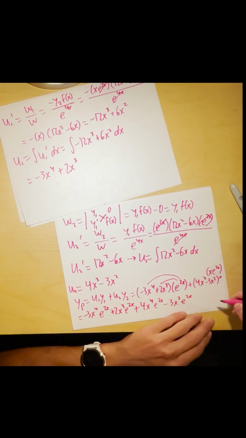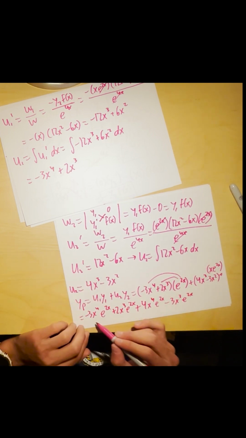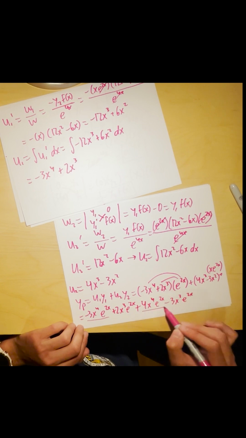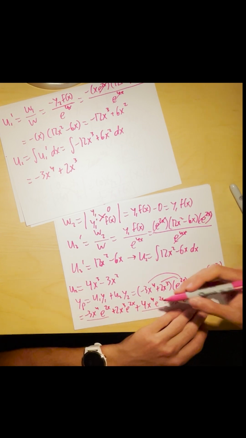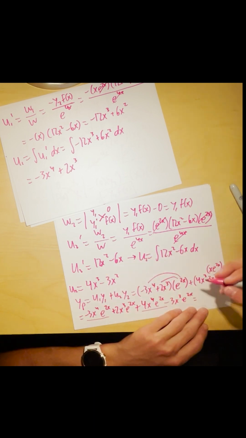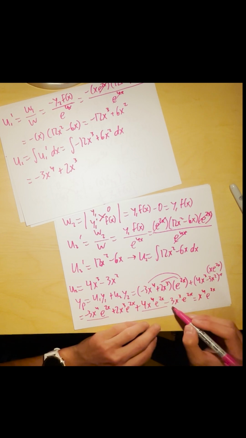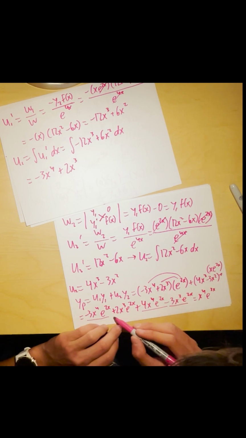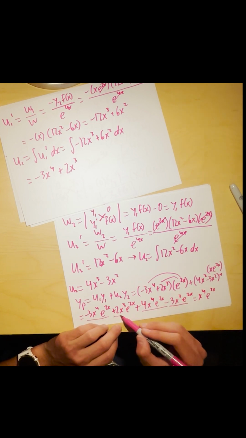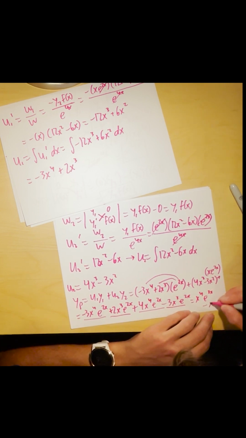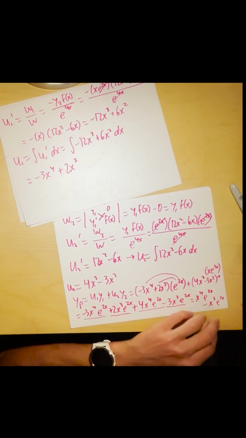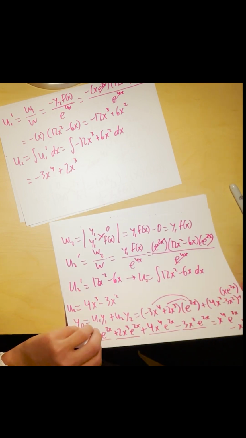And so we can see this term and this term, they each have x to the 4th e to the 2x terms. So this will become, and it's 4 of them minus 3 of them, so this is x to the 4th e to the 2x. Same thing with these, we get a negative 3x cubed e to the 2x and 2x cubed e to the 2x. So this will be minus x cubed e to the 2x. Sorry for the cramming in there.